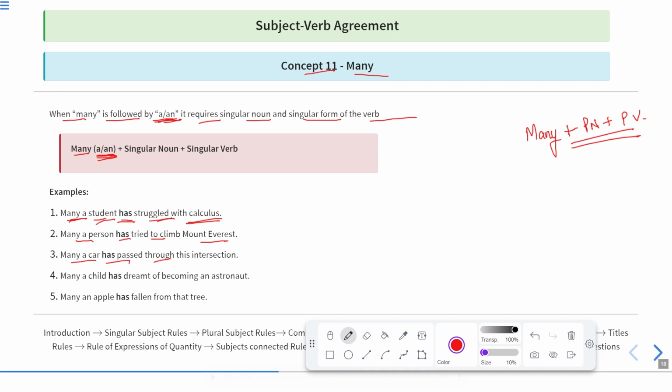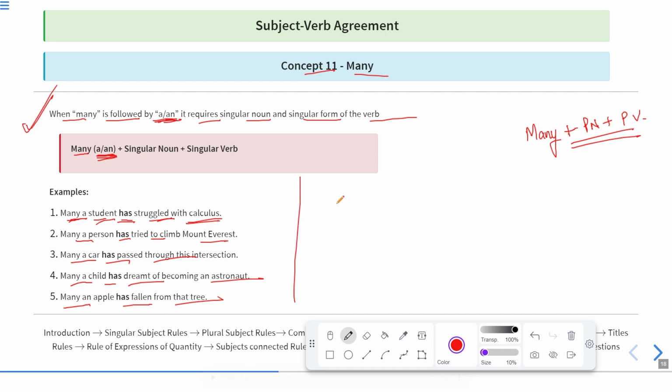Many a car has passed through this intersection. Many a child has dreamt of becoming an astronaut. Many an apple has fallen from that tree. So whenever we use a or an after the word many, it should be followed by a singular noun and singular form of verb. This is again very, very important.